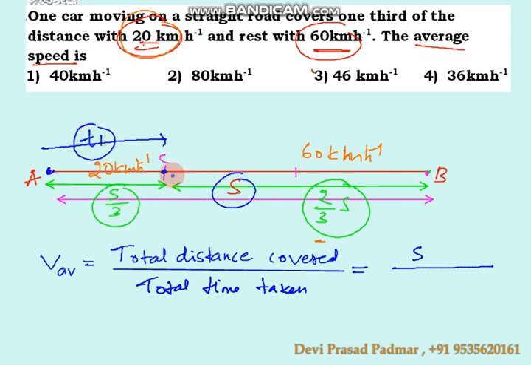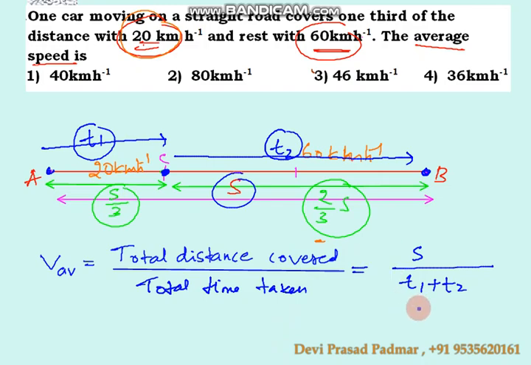Let's consider the time taken by the car to move from C to B as T2. So from A to C the time is T1, and from C to B the time is T2. Then the total time is the sum of these two, that is T1 plus T2.